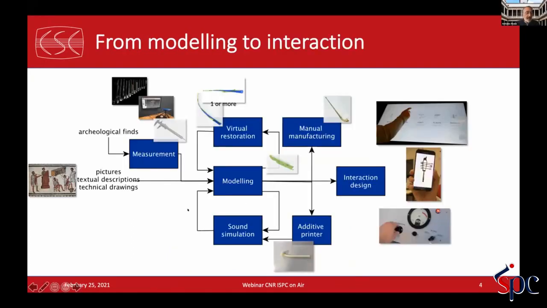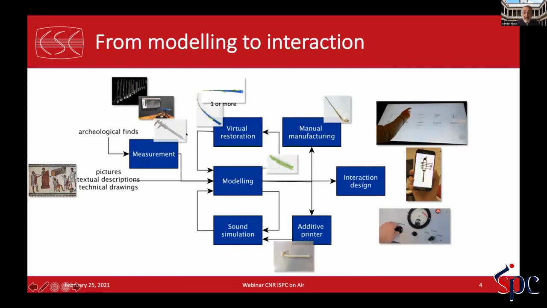To have a digital model of a musical instrument, we can start from different sources: pictures, textual descriptions, technical drawings, and of course, archaeological finds. In the latter case, we need to measure these finds by hand, maybe, or better, by using recent techniques such as structured light scanners or computed tomography.